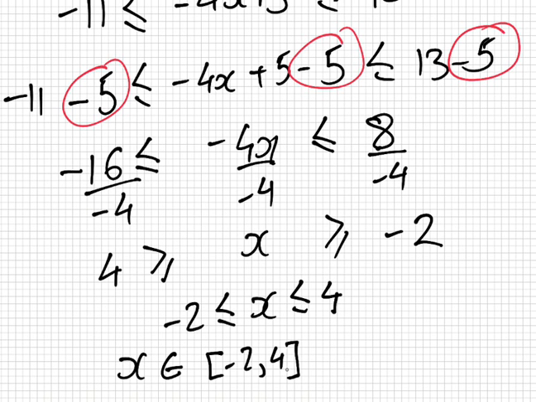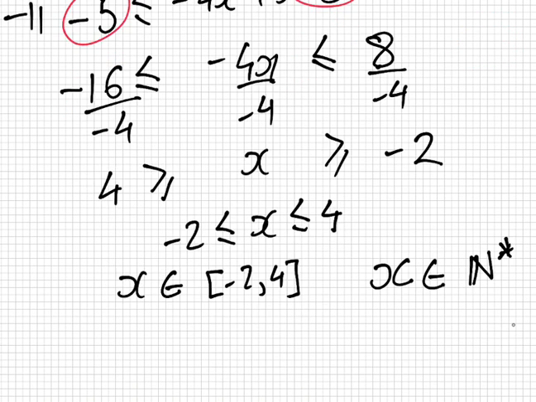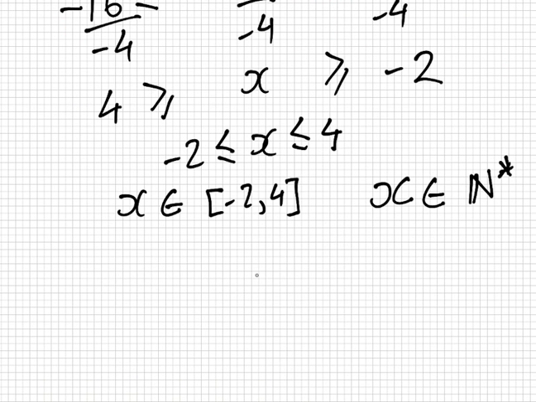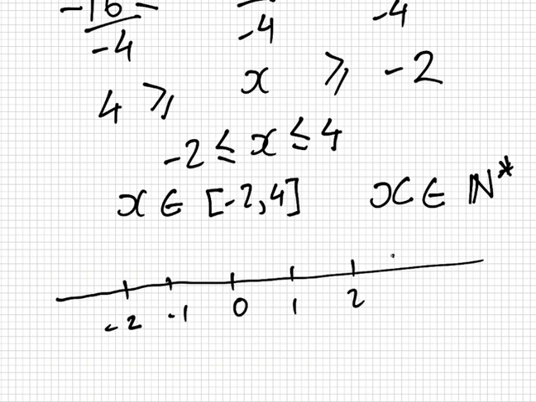But I'm not actually finished, because in the question, what do I tell you about x as well? It is a natural number not including 0. So if I draw my number line, here's minus 2, minus 1, 0, 1, 2, 3, 4. I tell you that x is only these numbers, not 0. And the solution is minus 2 to 4.